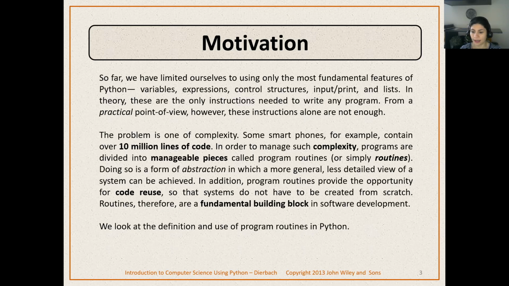As an example, just think about smartphones, which have millions and millions of lines of code in them to make them work, right? Just imagine how complex those codes could be if they were in just one piece. Like imagine having tens of millions of lines of code, right?